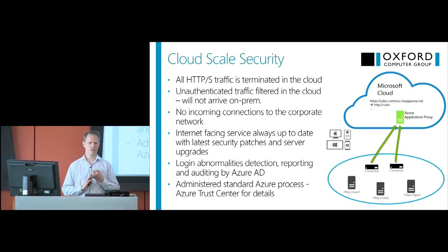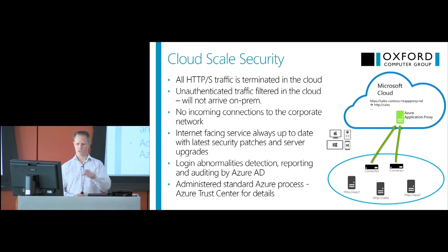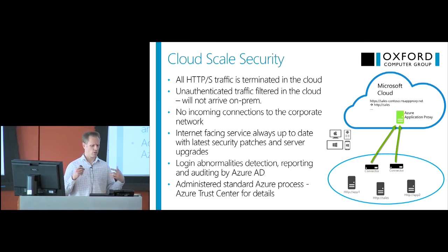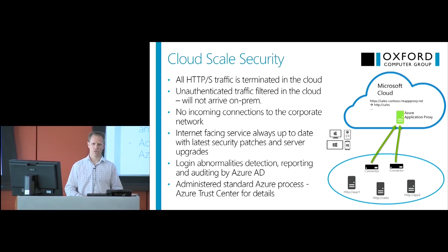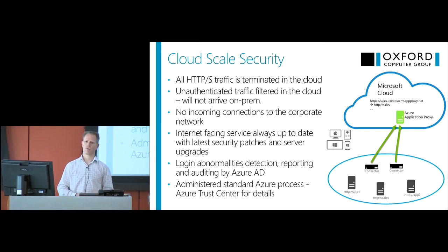It's administered through the Azure process, very much like the Azure Trust Center, for the way that we deal with secrets and management and all those sorts of things. It's all outbound connections from on-prem. We do support proxies in front of that. We do all of the AAD logging, so all of the control plane you get from Azure AD login can be applied to your on-prem apps.